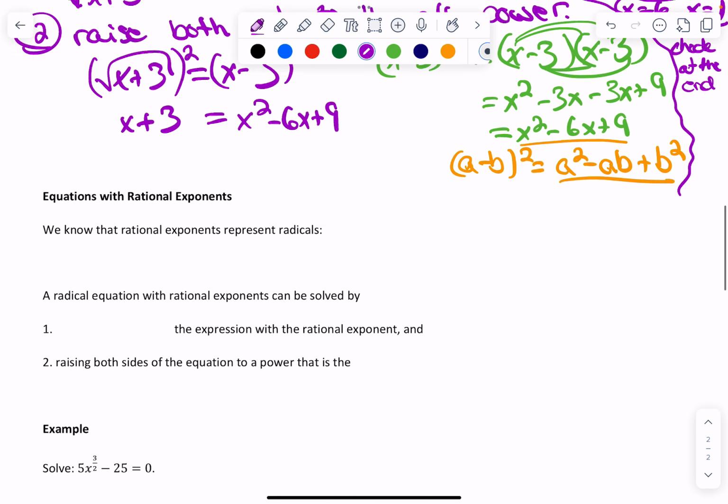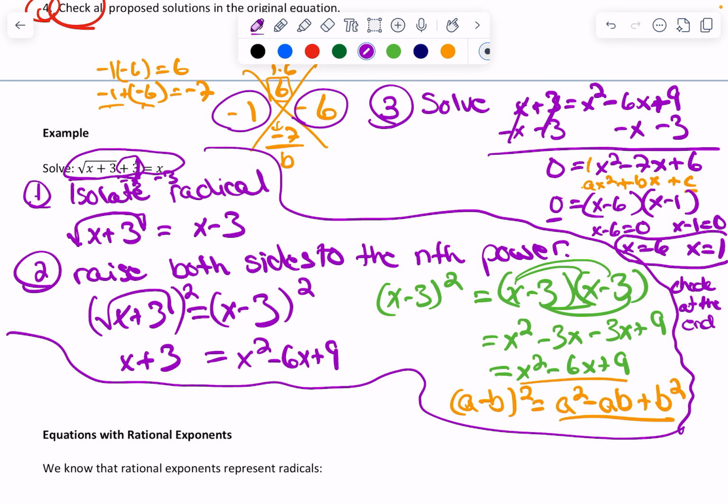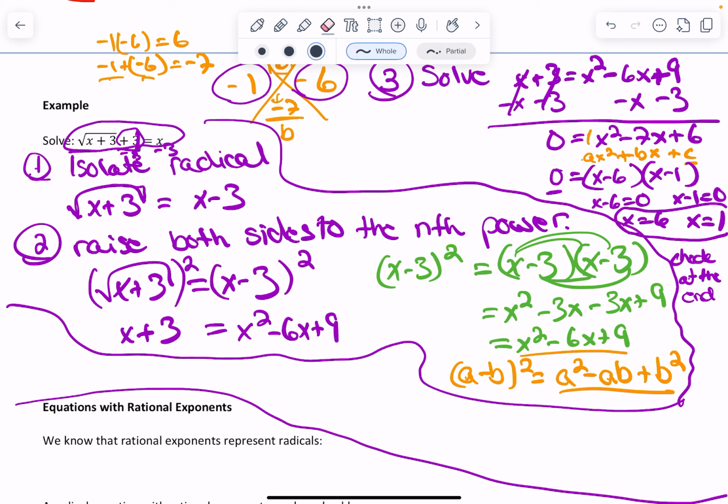That is interesting. I think I can fit the check here. I should have done this a little bit differently.